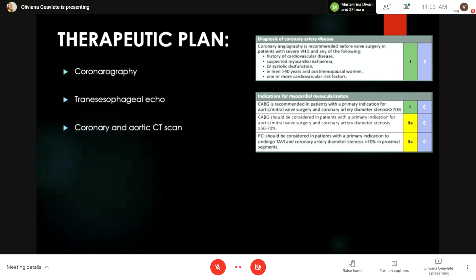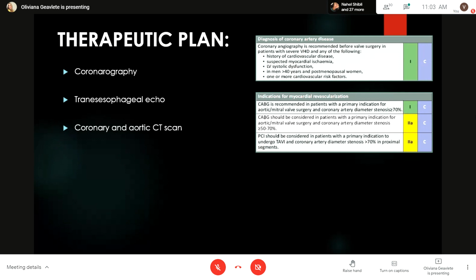It is also used for describing the valve, measuring the aortic annulus and the ascending aorta, and establishing the approach, because when we are talking about the interventional approach, we can have the transfemoral approach or the transapical approach in cases of severe atherosclerotic peripheral disease.